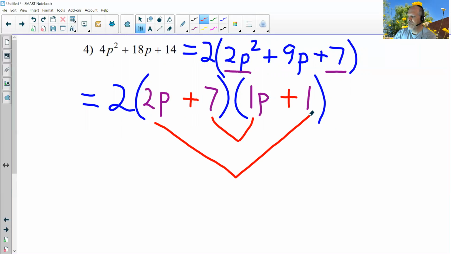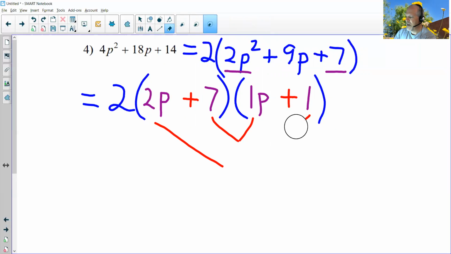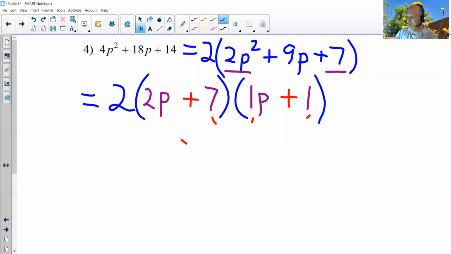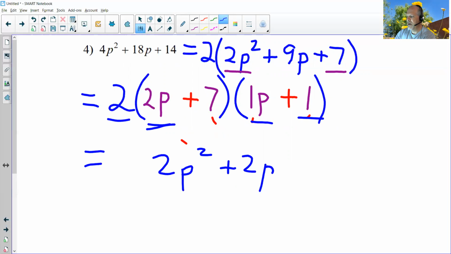And you can be certain of it by multiplying it out using FOIL, and let's do that. So this will give me, we'll hold on to this 2 in the front until later, but for now, let's just do first times first, which is 2p squared. Outside times outside is plus 2p.